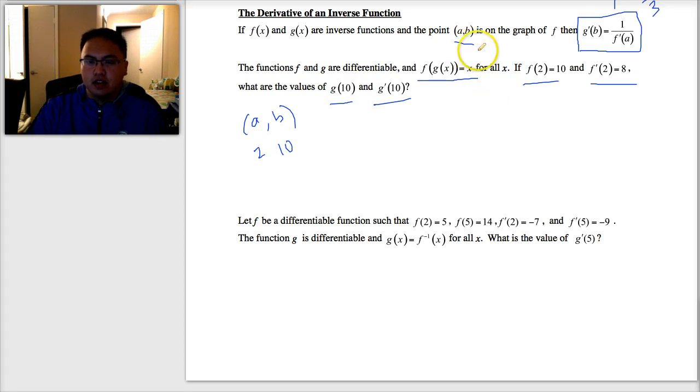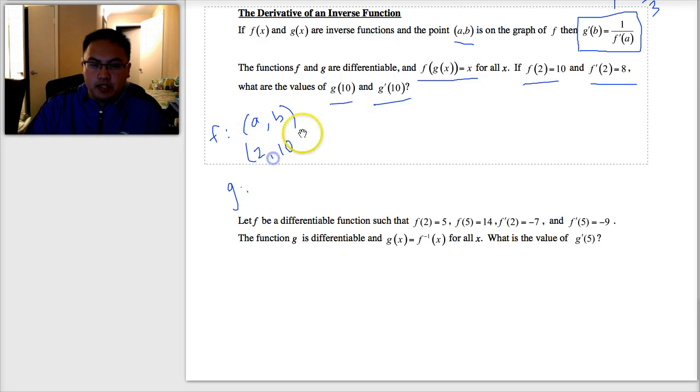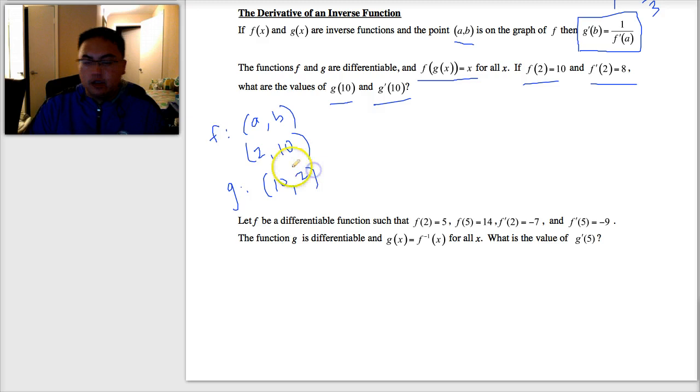Remember, (a, b) is on the graph of f. So far so good? If g is the inverse, would you agree that the point (2, 10) on f becomes (10, 2) on g? Remember, they're inverses of each other. So for the first question, what's g(10)? g(10) is 2.